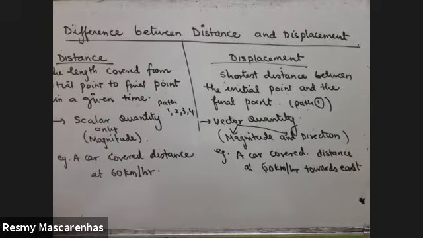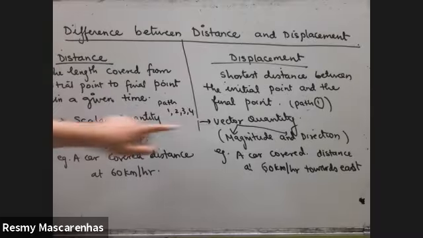Now I'm specifying the direction. In displacement, we definitely need directions also, from where to where we have traveled, because we want to know where the final point comes. Initial point and final point, we need to know the shortest distance. Whether we have gone east or west, we have to know. So in displacement, remember, we need to know the magnitude as well as the direction. So that's why it is called a vector quantity.